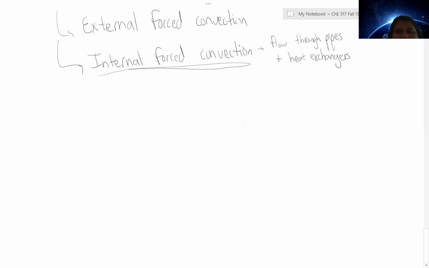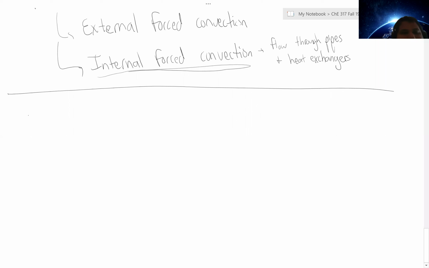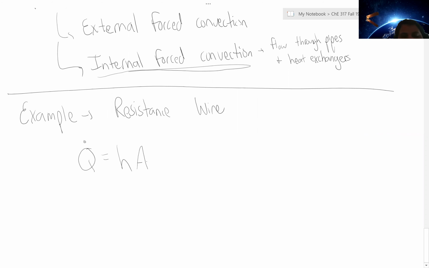So this one is looking at a resistance wire. I know Newton's law of cooling states Q is equal to h times A sub s times (Ts minus T infinity).